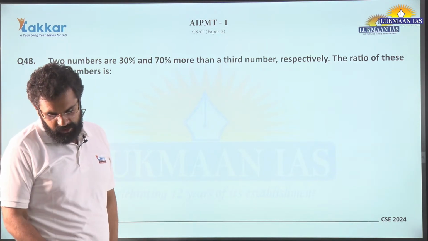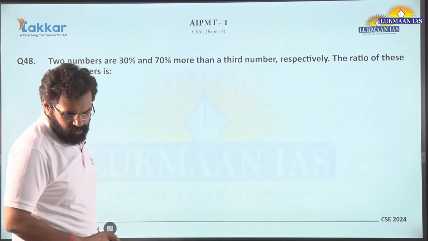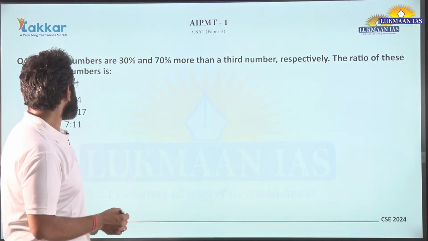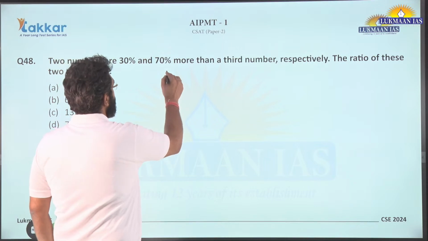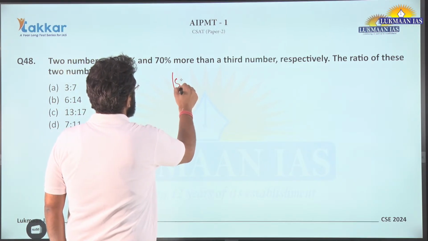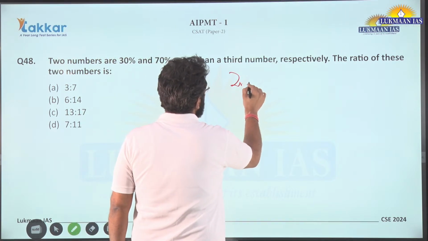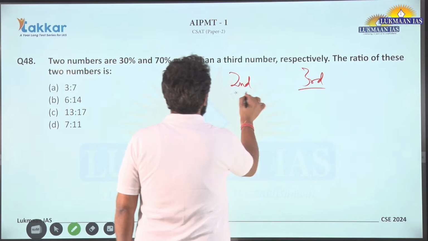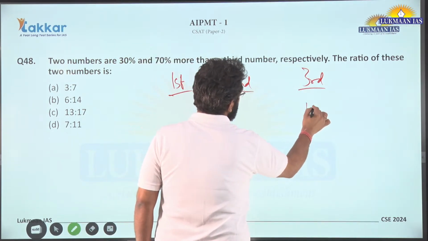Two numbers are 30% and 70% more than the third number. The ratio of these two numbers is? Let the third number be 100.